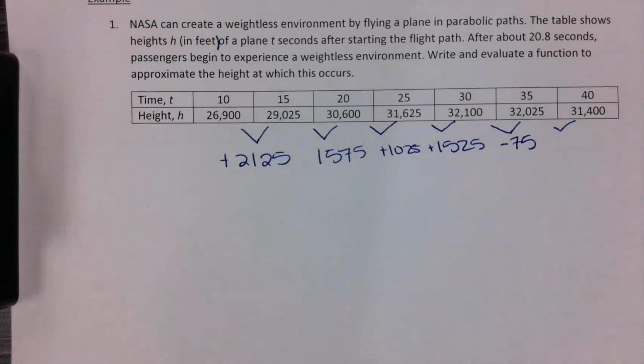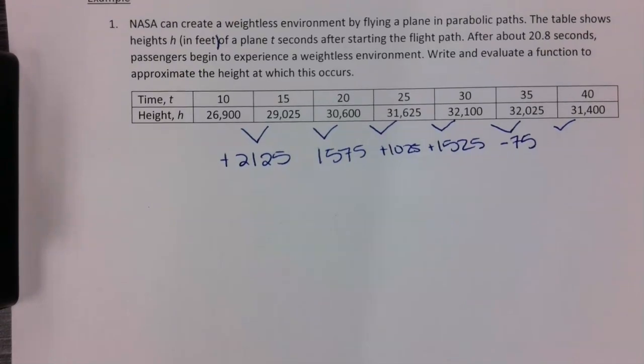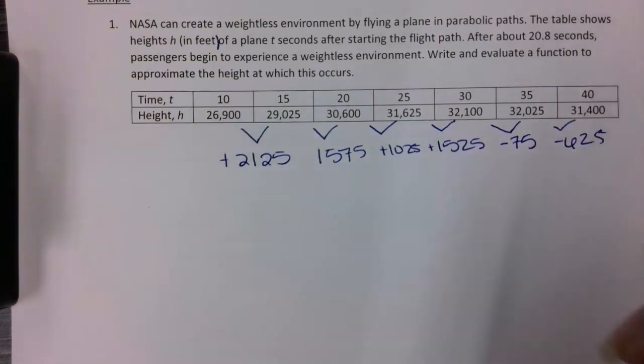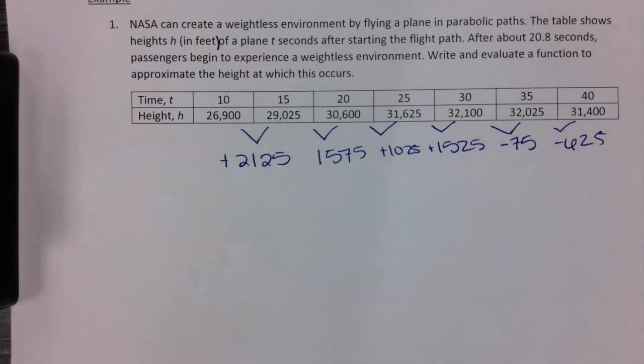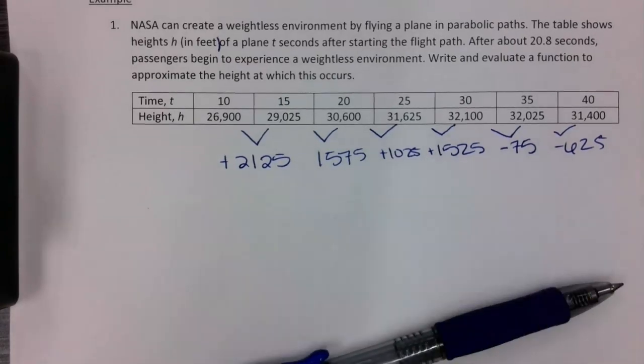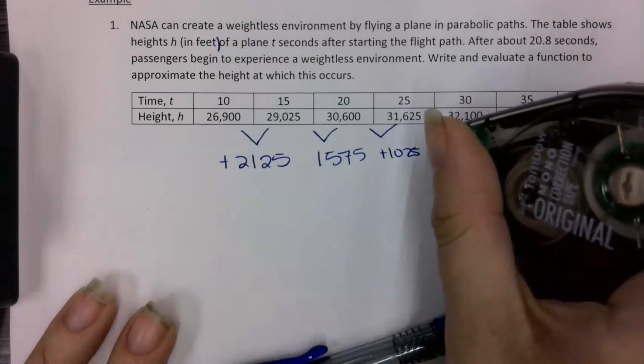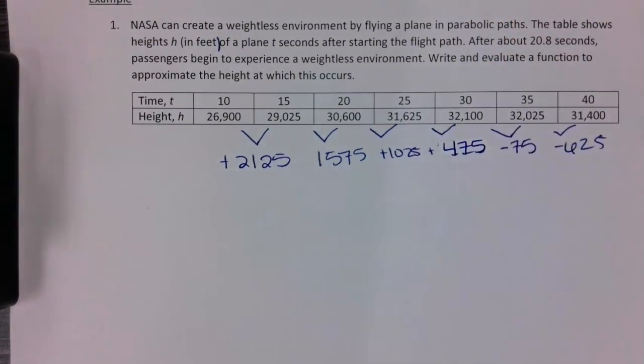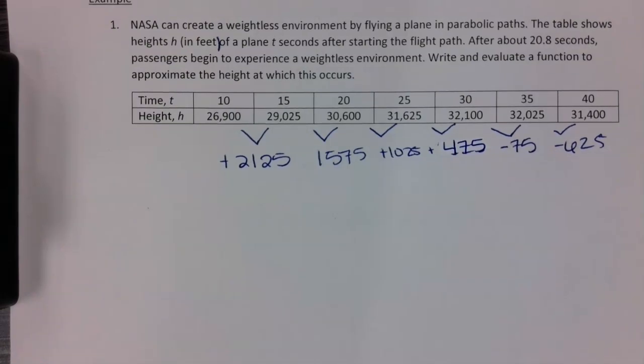And then over here, what? No, this one's 625. Oh, and this one should have been 475. Okay. So are these the same number? No. So is this linear? No.